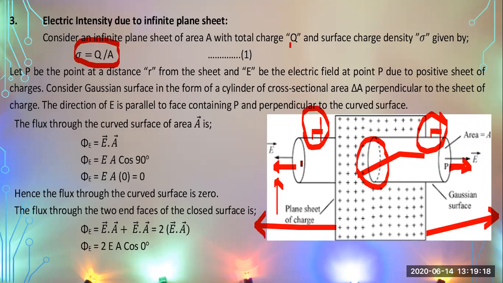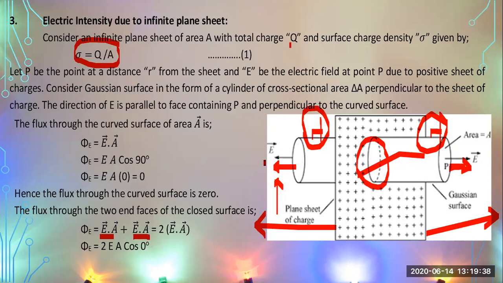The only surfaces are those which are moving in the outward direction. If you see the surface, E dot A on the right side gives the right side electric flux, and on the left side, the left one.